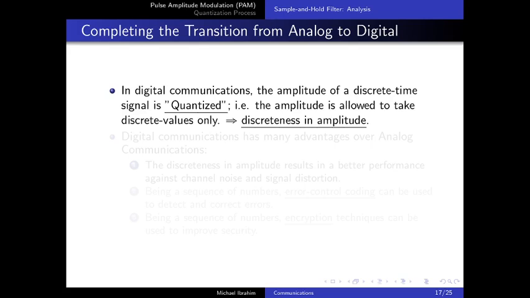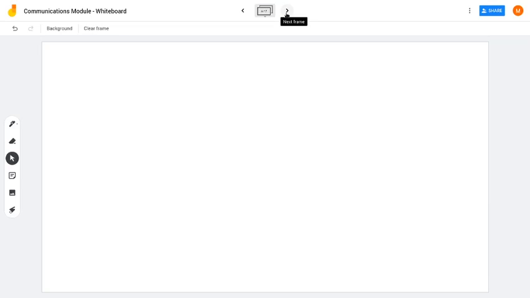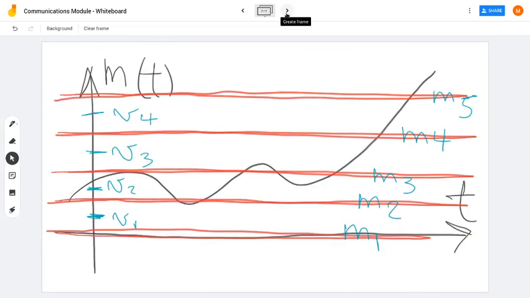So, in order to understand the concept of quantization and the discreteness in amplitude, which is used in digital communication, let's move to our whiteboard over here and take a look at this signal we have here. So this signal in black, this is the signal M of t we have. And as you can see, it has continuous amplitudes. Amplitudes can take any value. So the very first step is to take samples, which is to have discreteness in the time domain.